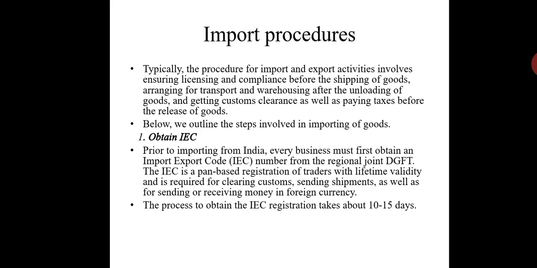The goods cannot be kept at the port, or at the place where they have landed from another country. You have to take them to your place. To do that, you need to have a proper godown or warehouse, and you need to pay your taxes.